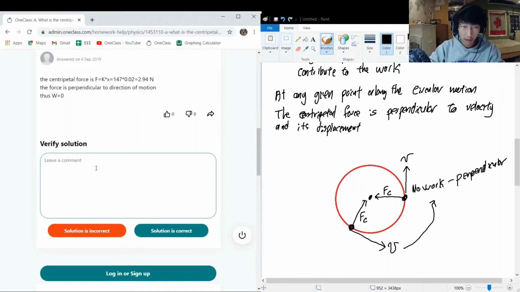Okay, so the above solution is good. Mention of how the centripetal force is facilitated by the spring only would be good.